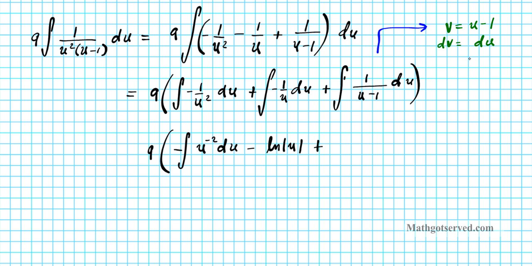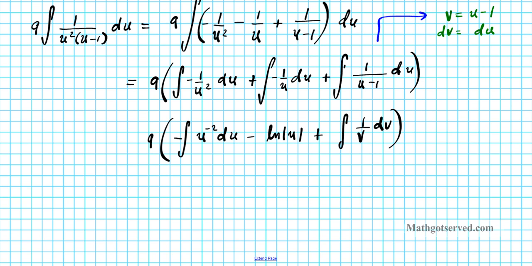If we make the substitution here, this integral can be rewritten as the antiderivative of 1 over v dv. You see that? It looks like the other one we have right here. So let's continue with our integration.